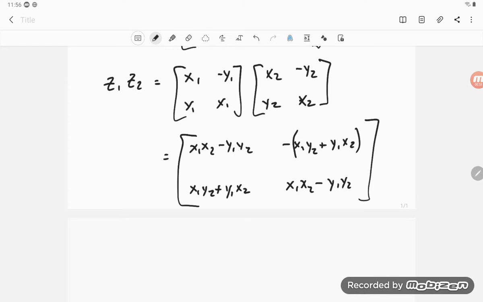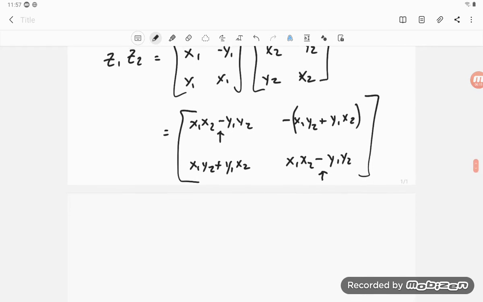Notice that this minus y1 y2 helps with the idea that the imaginary number i is the square root of -1, because i times i would make -1.